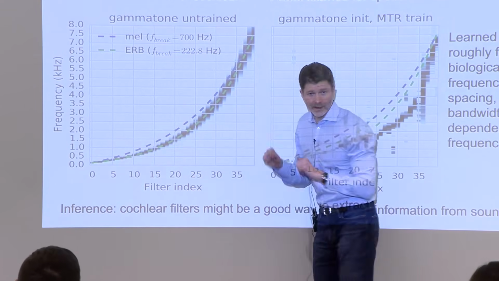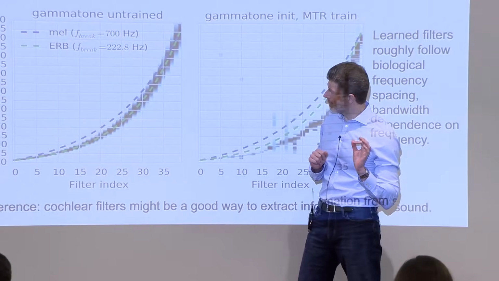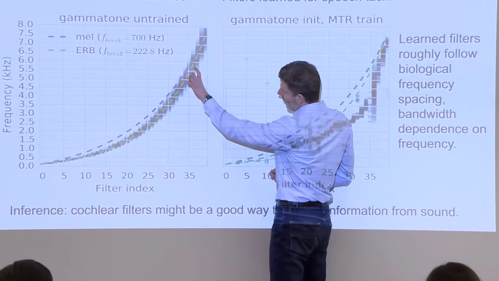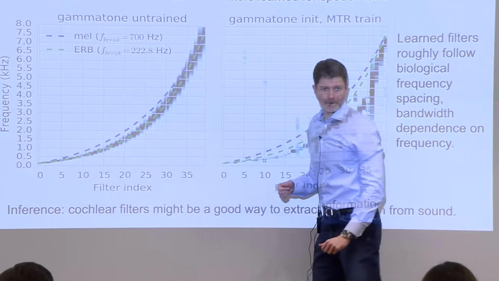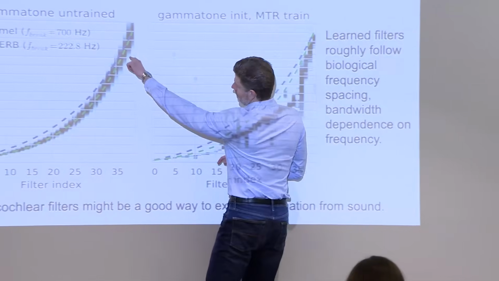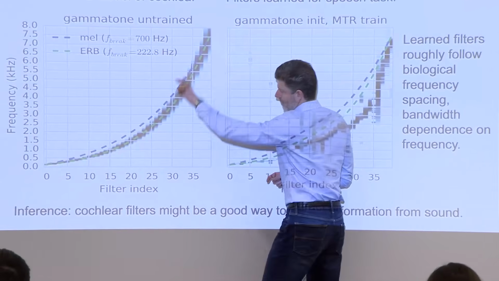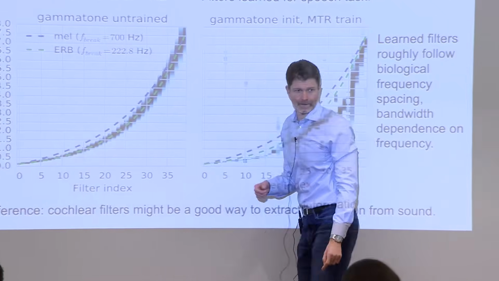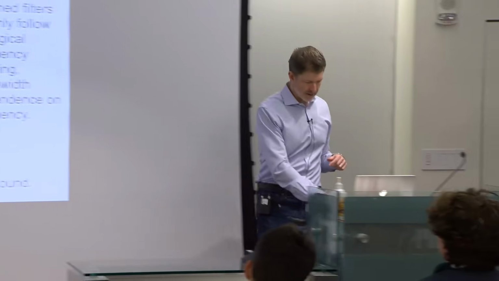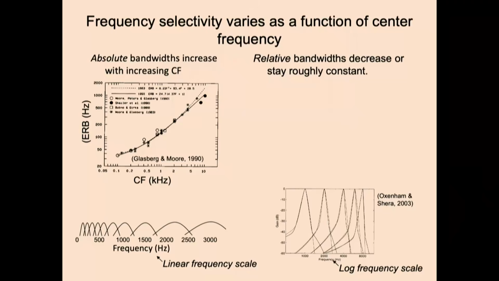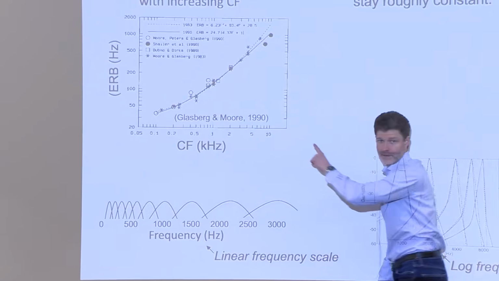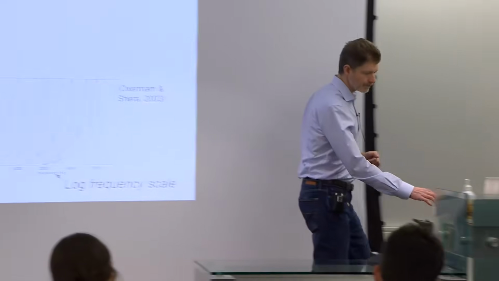But you can also see the thing that I commented on earlier, which is that the high frequency filters are wider than the low frequency filters. So the point is that there's a wider black region here than here. That's the same thing that we saw on this graph, where the bandwidth grew with center frequency.